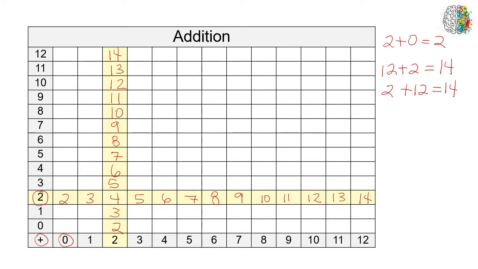So addition has the commutative property, which means that the order doesn't make any difference. That's one of the nice things about having a table as opposed to just a worksheet: you can start to see patterns.